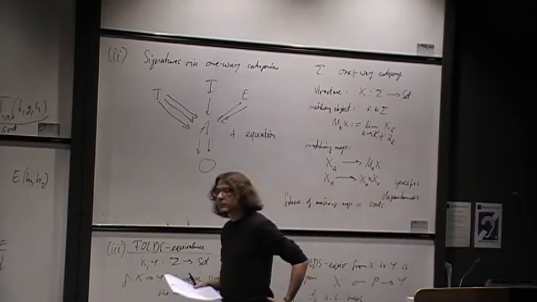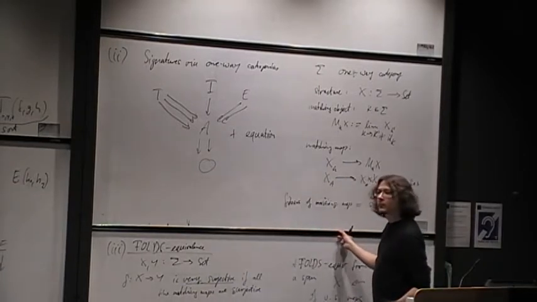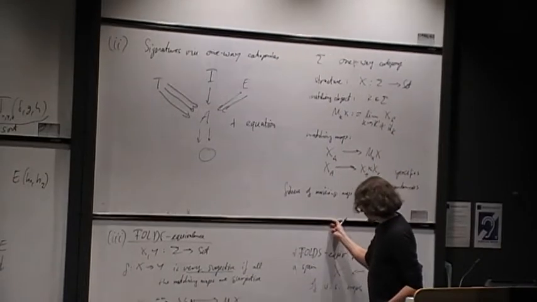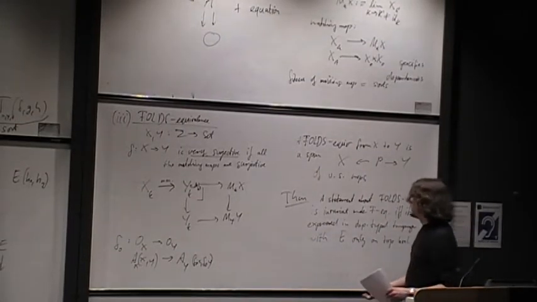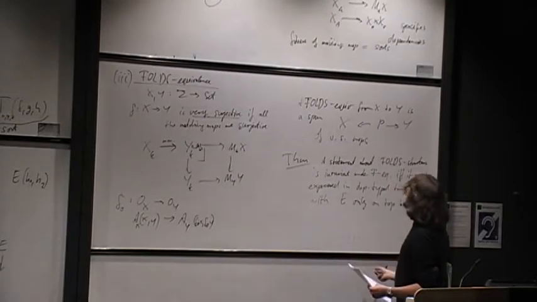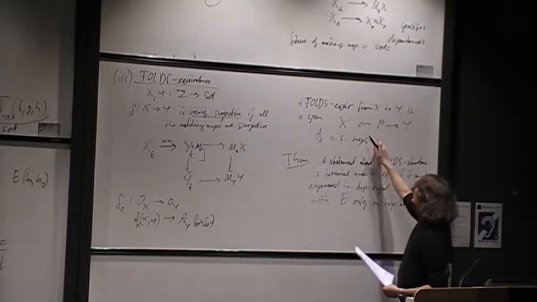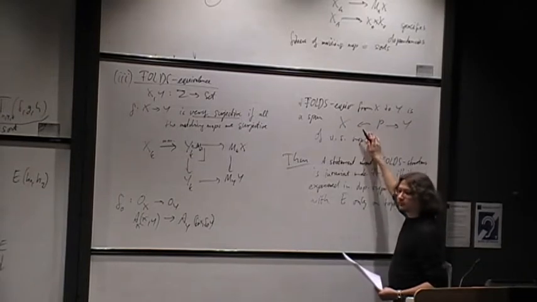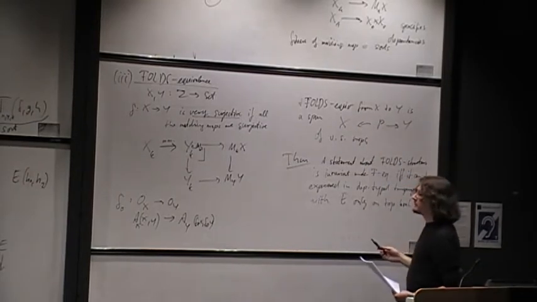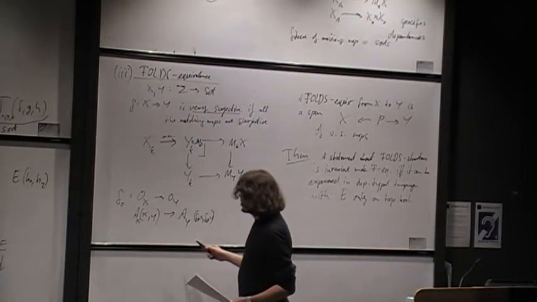Could you explain why this notion of equivalence in the case of a category has anything to do with the usual notion of equivalence? I can. You actually need only one. For categories you only need one side. But did you say that these things should be surjective? Yes.